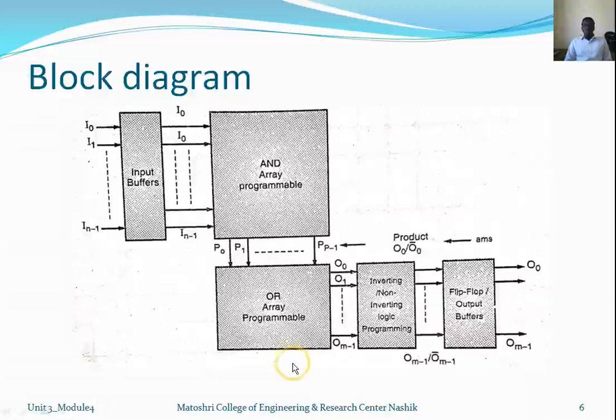The OR array is also programmable, so according to our requirement and application, both the AND and OR arrays can be programmed. The output of the OR array, which is in the form of SOP, is given to the inverting and non-inverting logic programming, which determines which variable is inverting and which is non-inverting, and accordingly generates the outputs given to the output buffers.